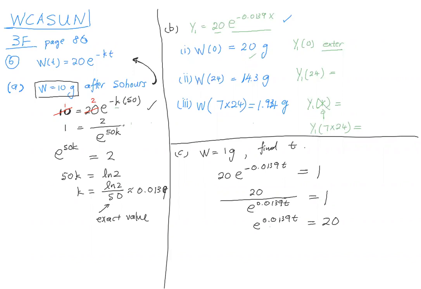So you got 0.0139 t equal to ln 20. So t equal to ln 20 divided by 0.0139. So what is the answer? Hafiz, what is the answer? 216.096 hours.